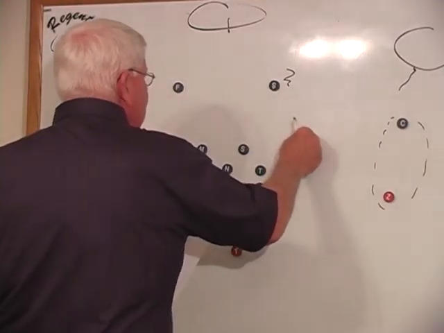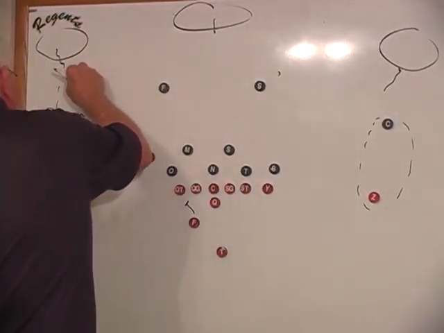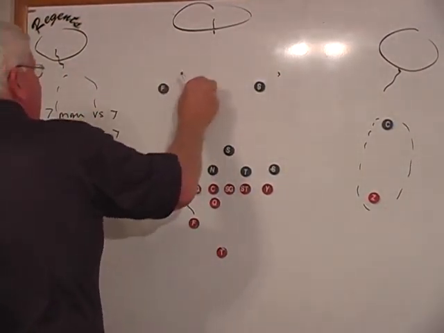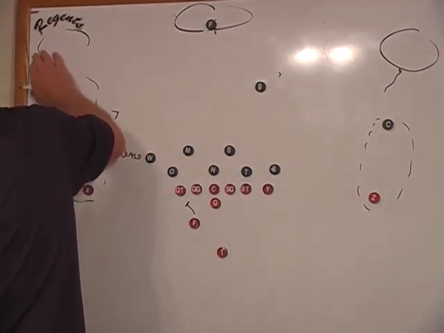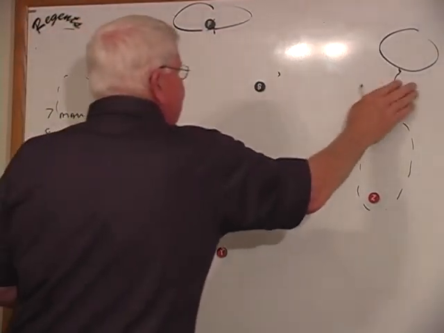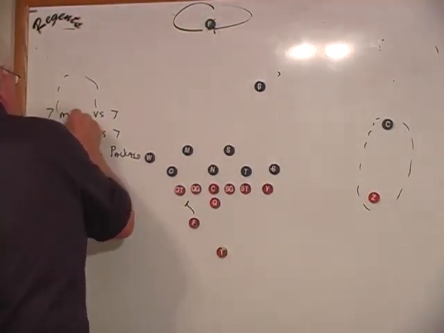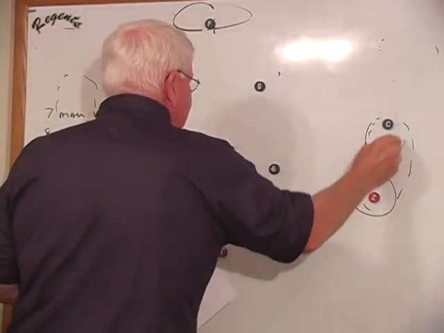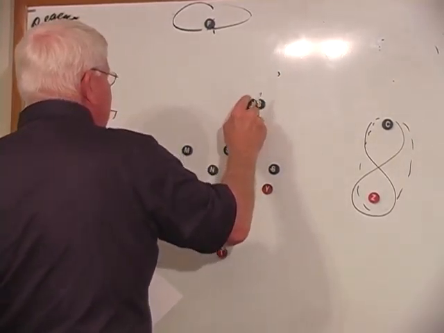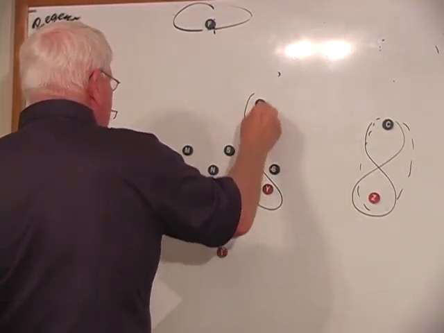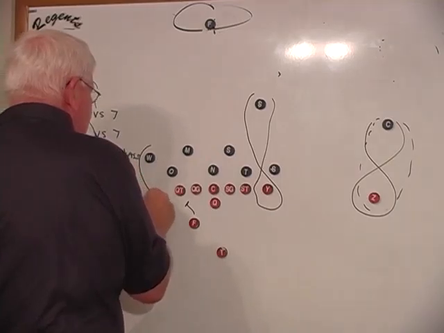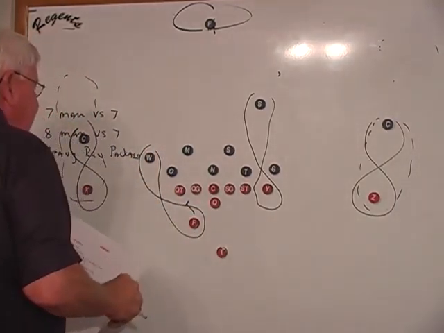All right, the next one is cover one. And with one, they have one deep safety. And now these guys do lock up man to man. And this guy locks up man to man on him, and maybe this guy locks up man to man on him.